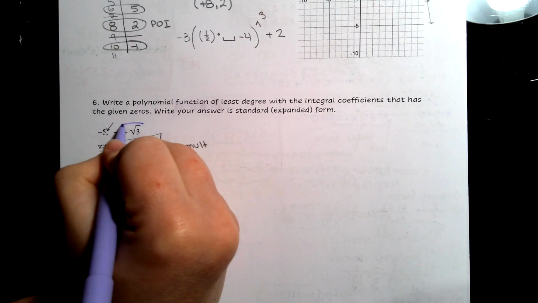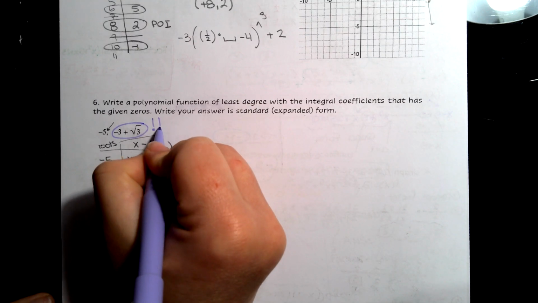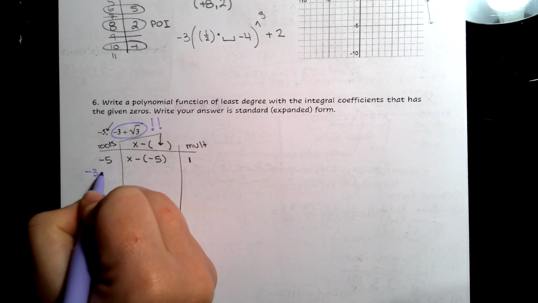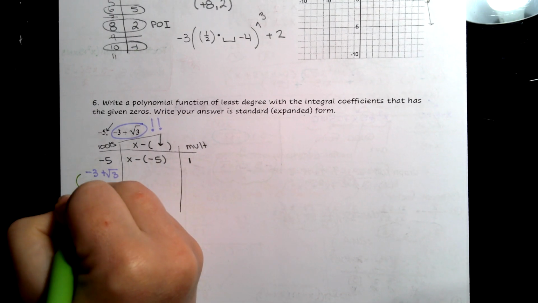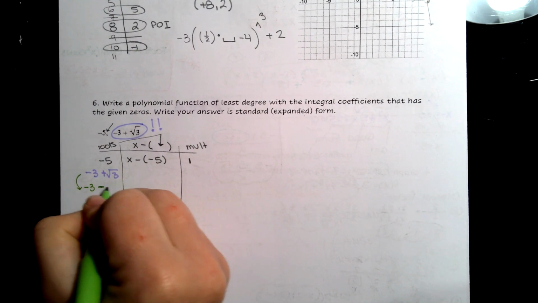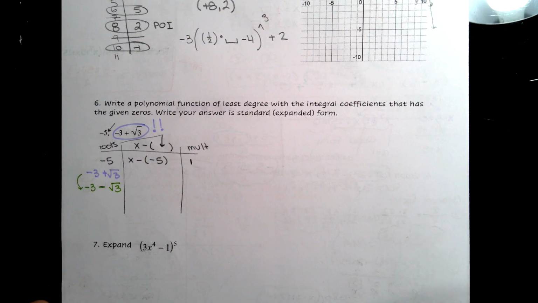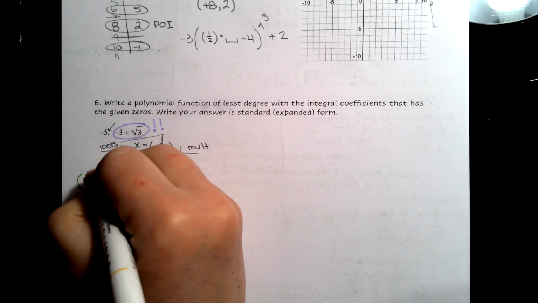Now here is an alert. Because I have a -3 plus a square root of 3, that means it comes with -3 minus square root of 3. These are conjugates, and we must have them in pairs. You can't have one without the other.